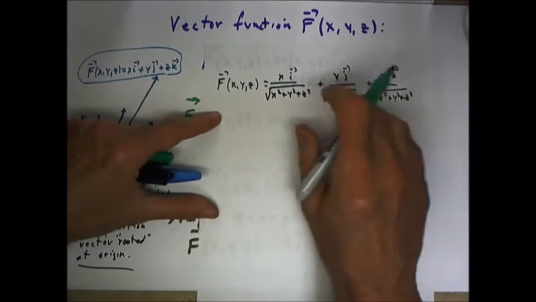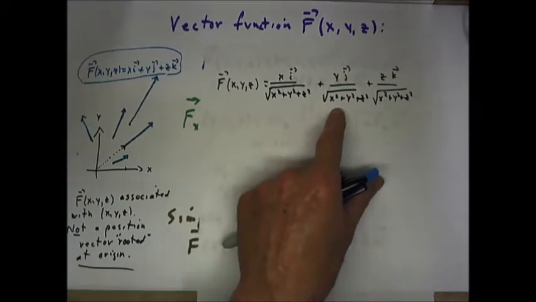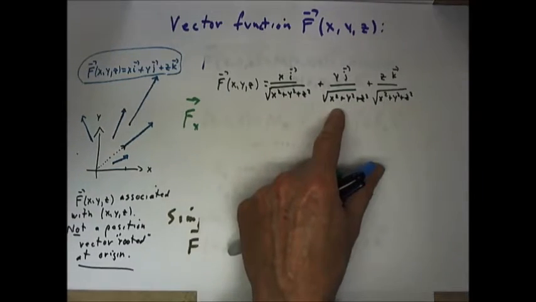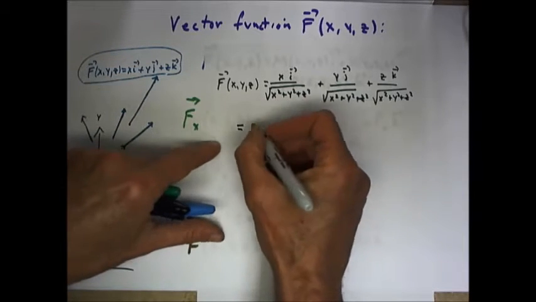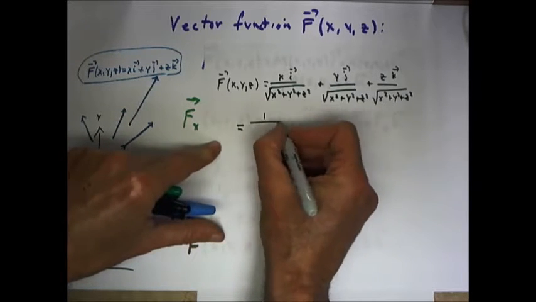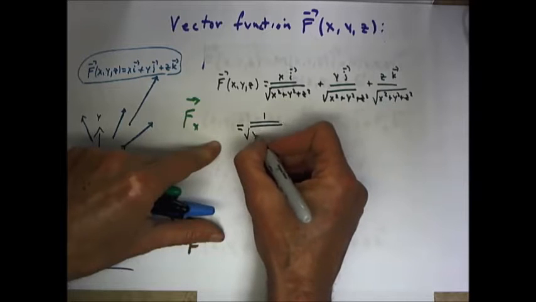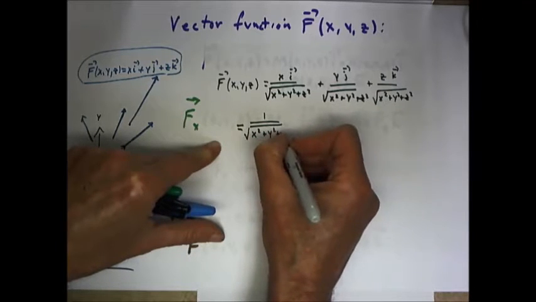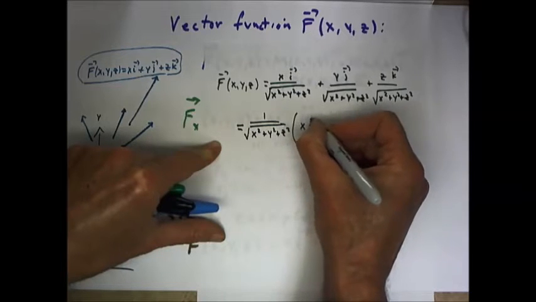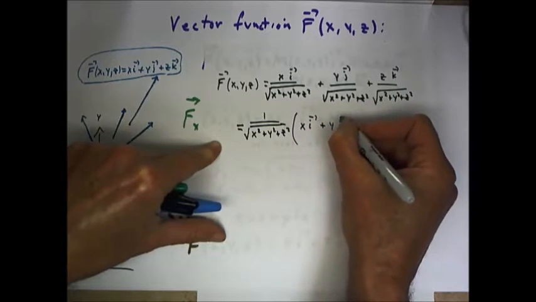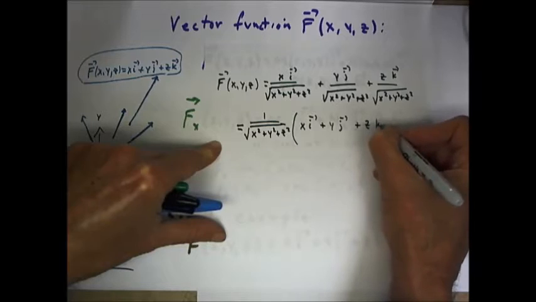Now this is actually an important field. We could write this as a multiple of the field we used in the previous example. This would be 1 over the square root of x squared plus y squared plus z squared times xi plus yj plus zk.